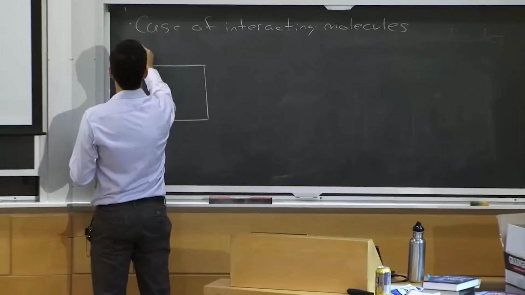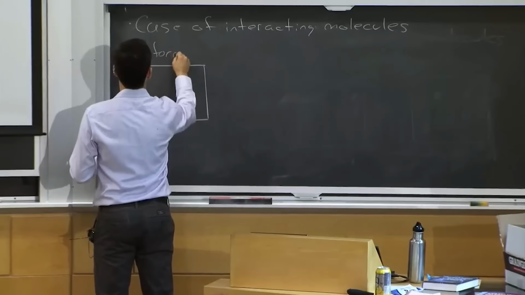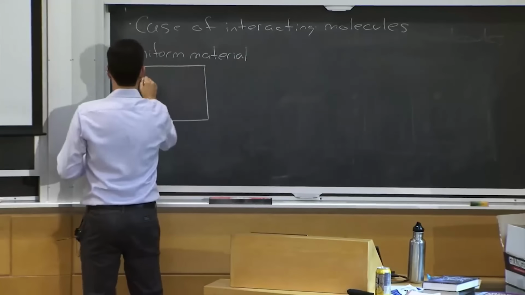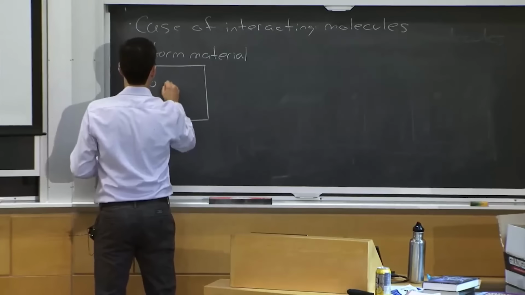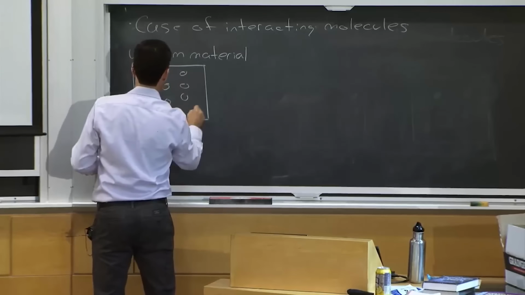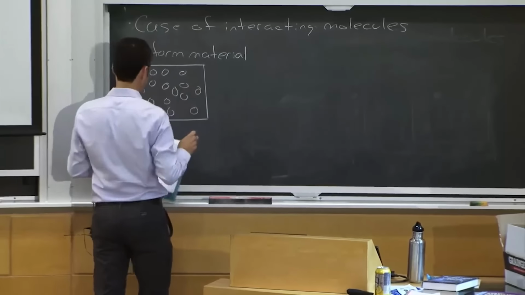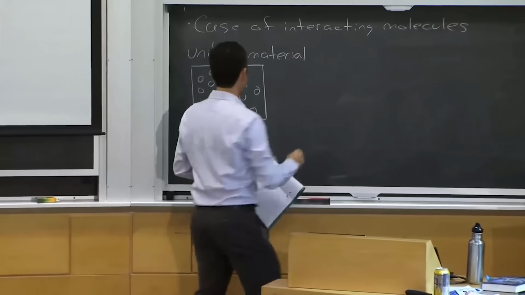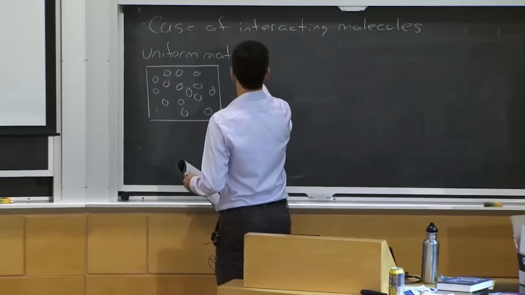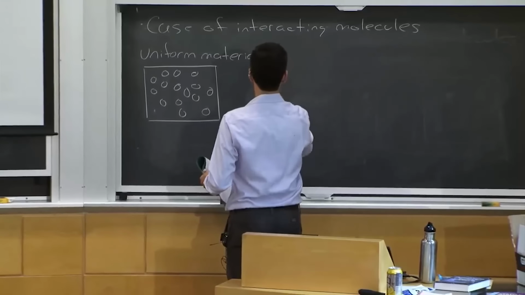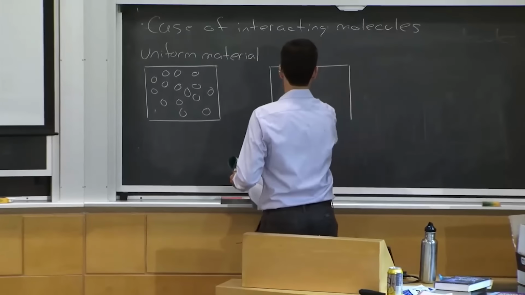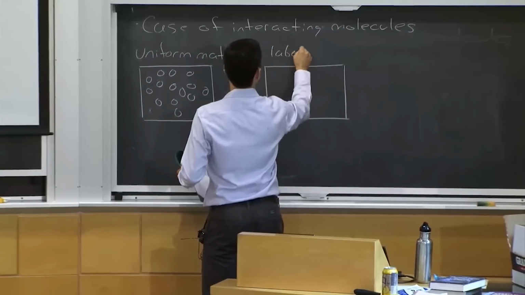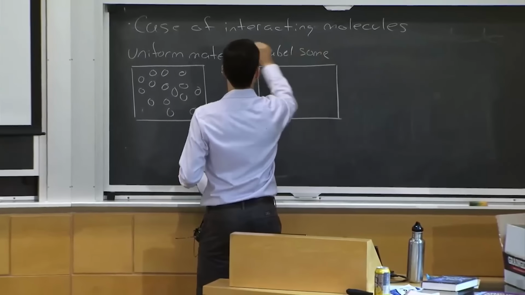So we have a uniform material. All right, 1, 2, 3, 4, 5, 6, 7, 8, 9, 10, 11, 12, 13, 14, 15. All right, so we're starting again with the uniform material. And now I'm going to label some, just as before.